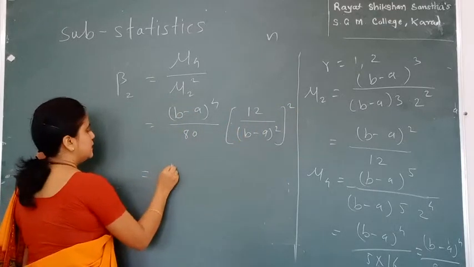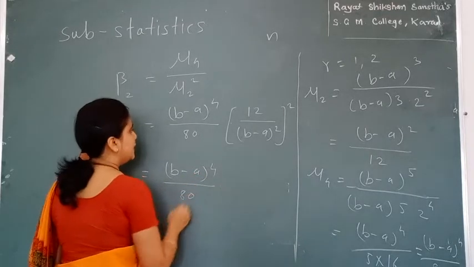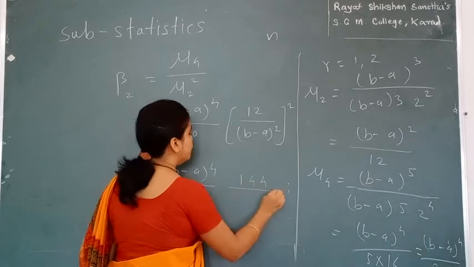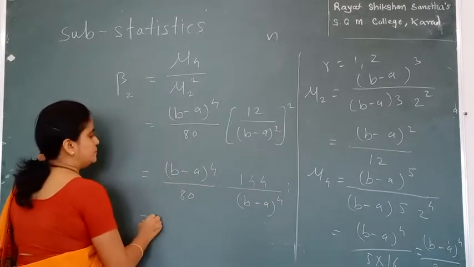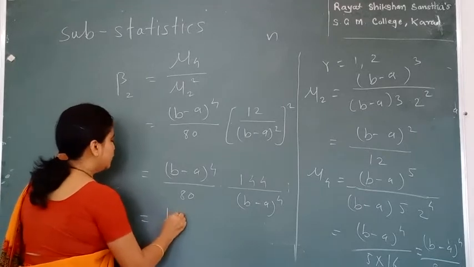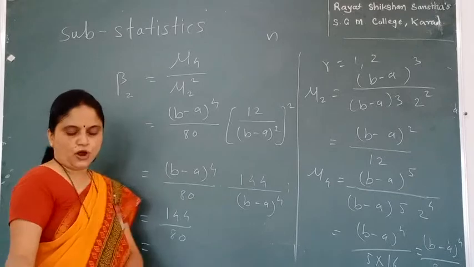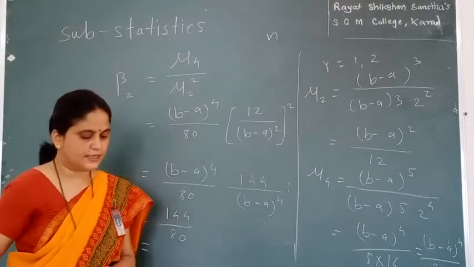So we get this as (b minus a) raised to 4 upon 80 into 12 square, which is 144, divided by (b minus a) raised to 4. So over here we get 144 divided by 80. So after simplification we get this term as 9 by 5.